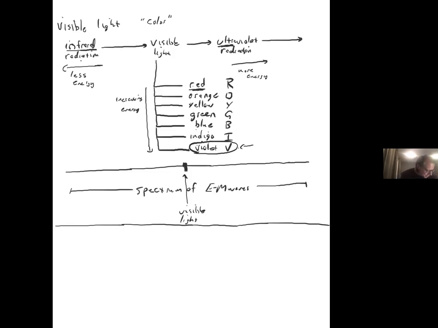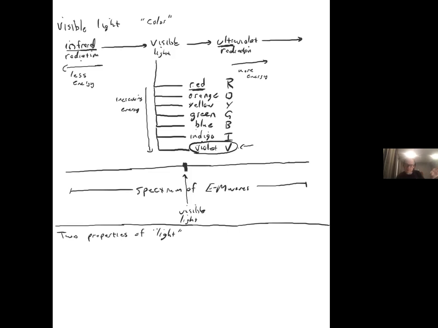Okay, so let's talk about two properties of visible light, or of light, sorry. Again, when I say light, I mean electromagnetic waves. If I really want to talk about visible light, we'll actually call it visible light. But if I say the word light, I mean any of these electromagnetic waves.